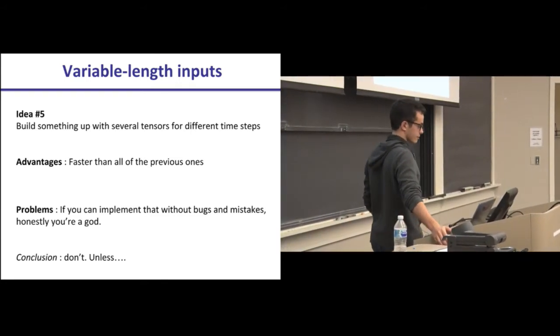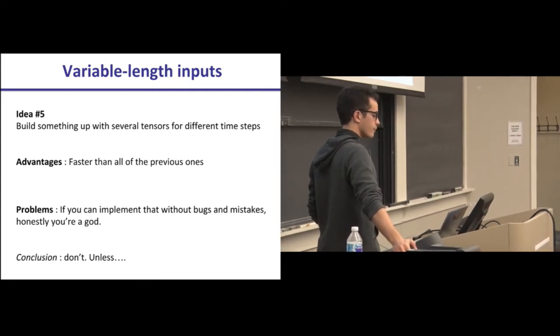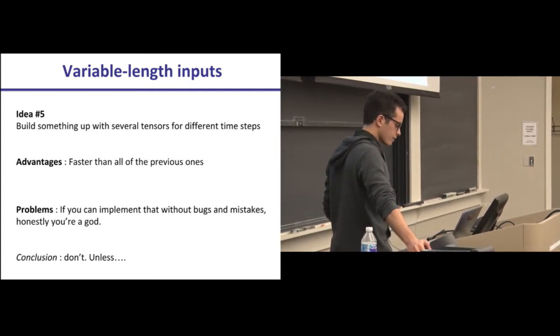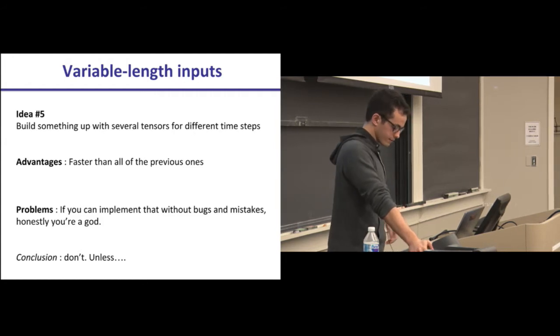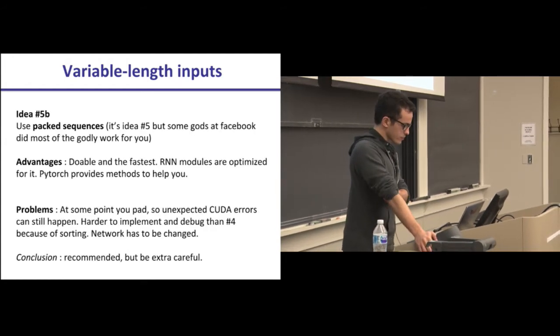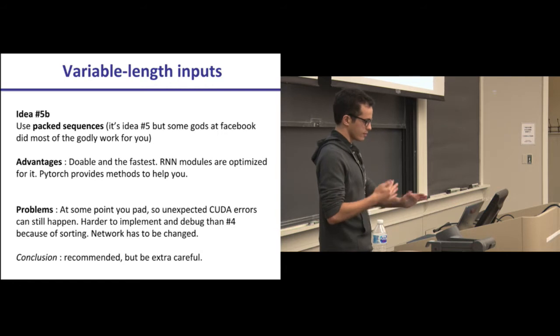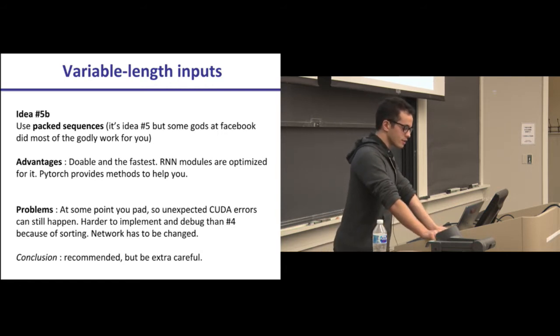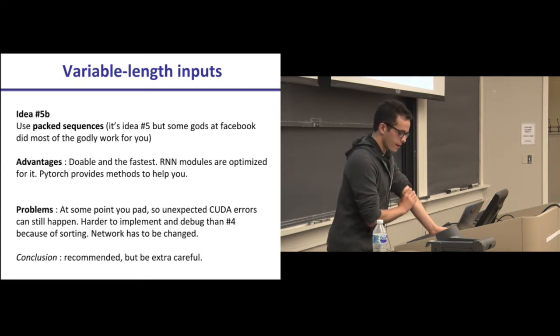Now, the thing is, if you try to do that, good luck. It's not a trivial thing to do at all. But there is one good thing, which is that PyTorch already did that for you. That's called packed sequence. I don't know if you've met that before. Yeah, some guys at Facebook did that, so now you can do it too.